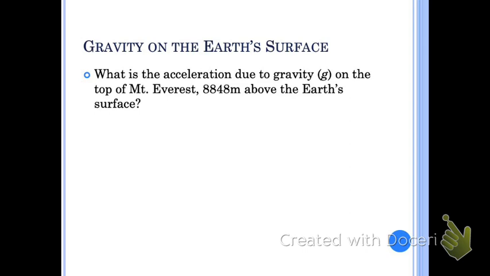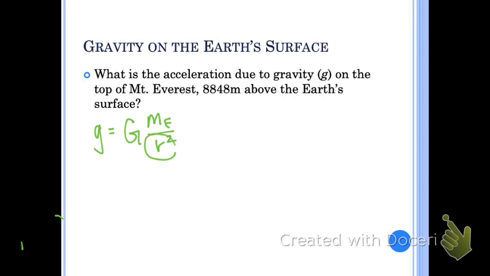Okay, so this one says, what is the acceleration due to gravity on the top of Mount Everest, which is 8,848 meters above the surface of the Earth? Now, when we look at our equation, g equals big G times mass of the Earth over R squared.